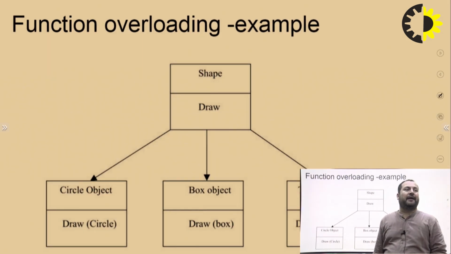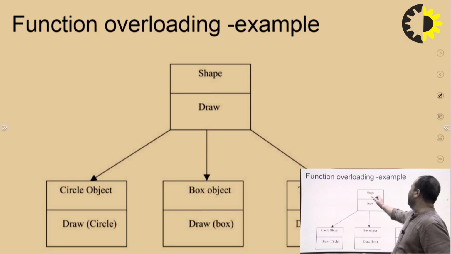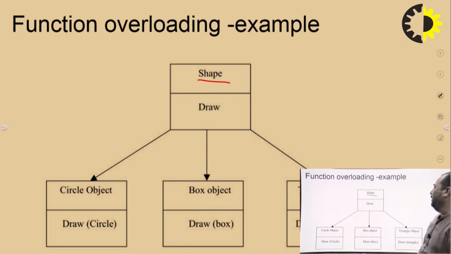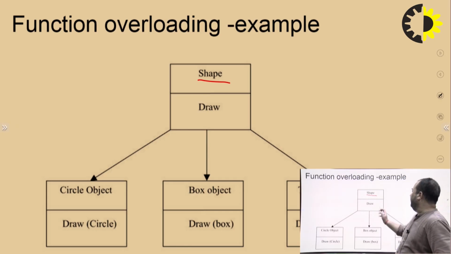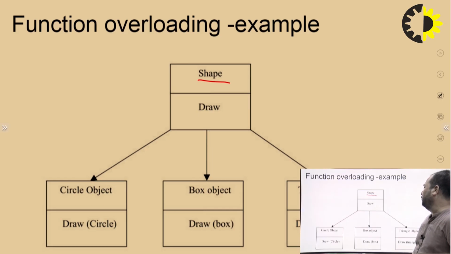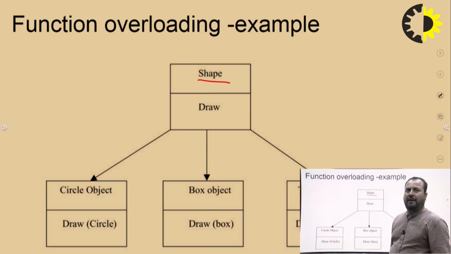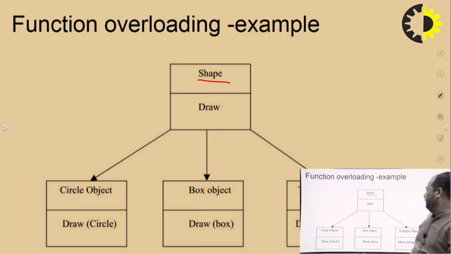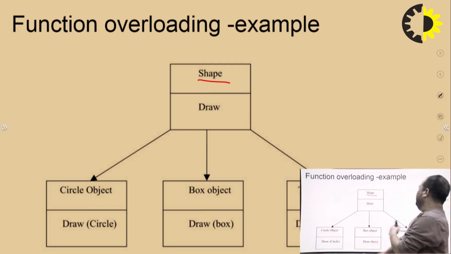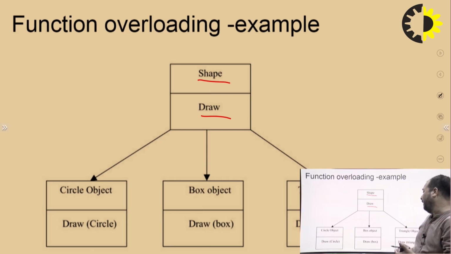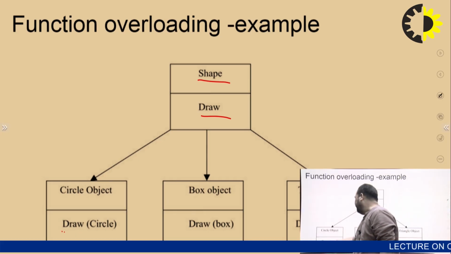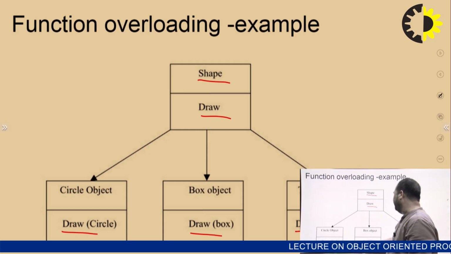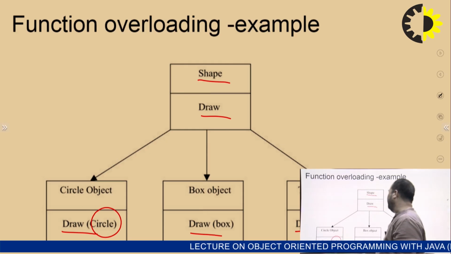Like here, suppose we use a function draw, and if we pass the argument circle, it will draw the circle. The main thing here is shape, and draw is a function. Shape could be circle, box, or triangle. The draw function is the same everywhere, but depending on the parameters, if we pass circle, it will draw the circle.